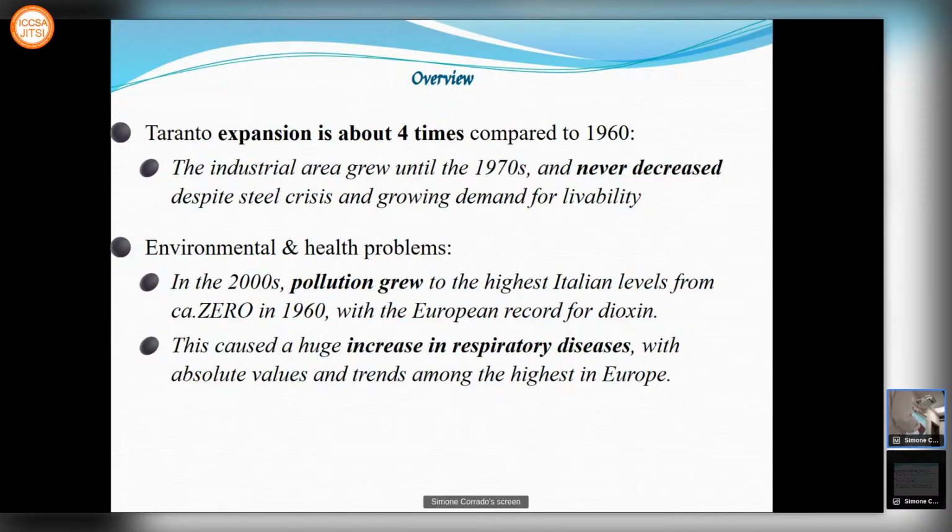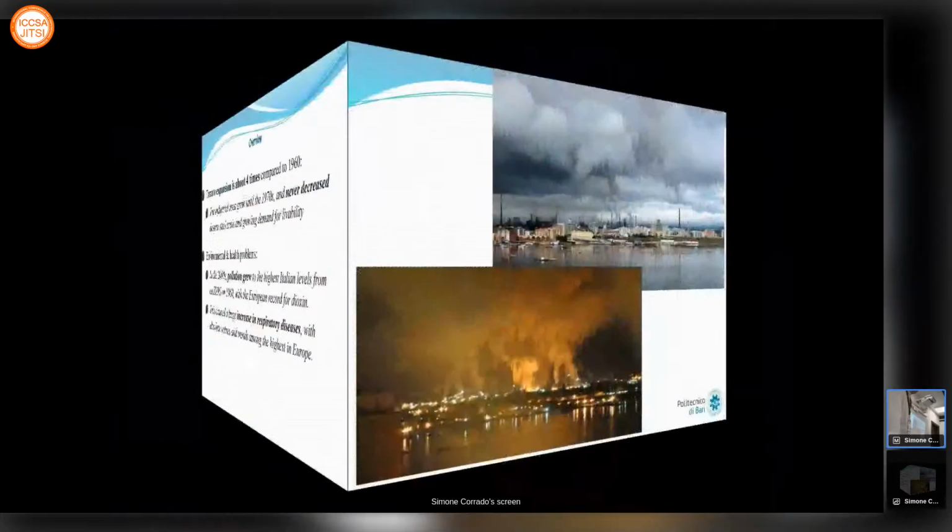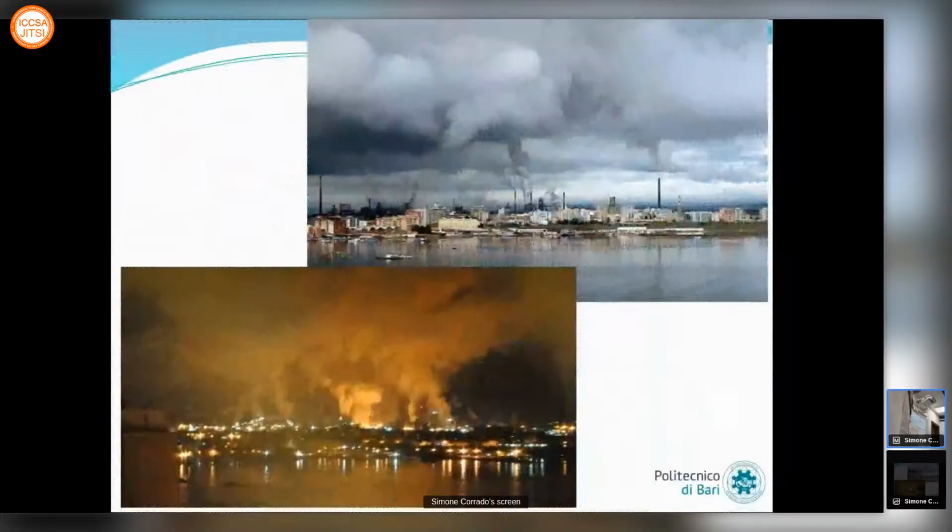At the time the chronicles welcomed the new industries because they brought new jobs to people, and this caused an increase in many diseases, particularly respiratory disease.